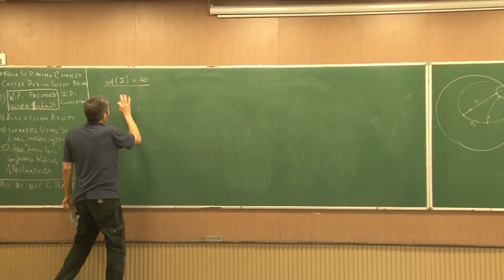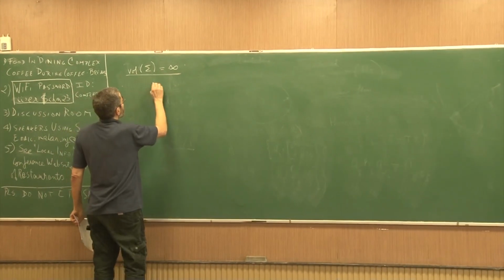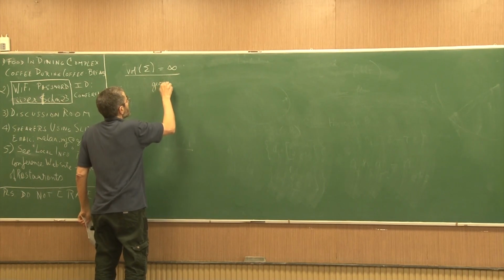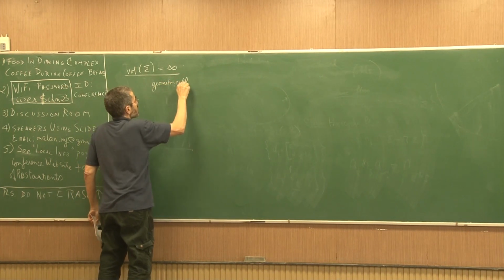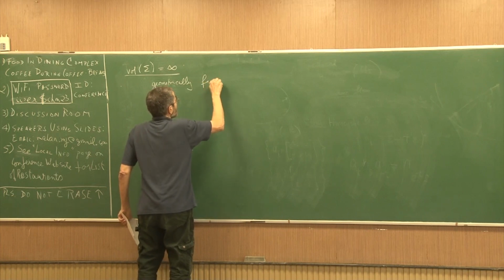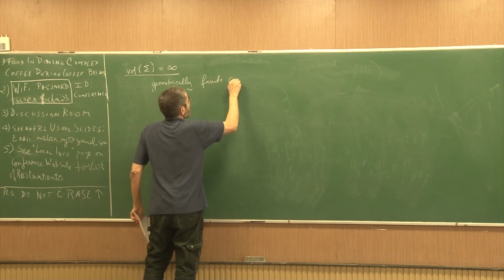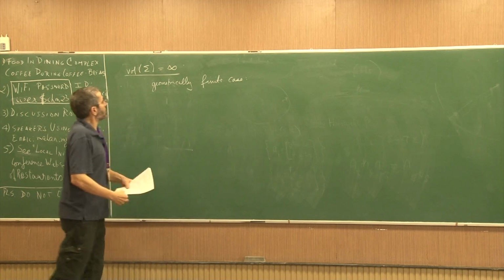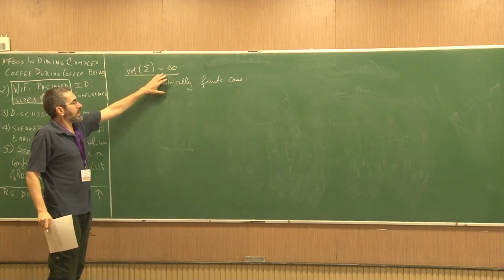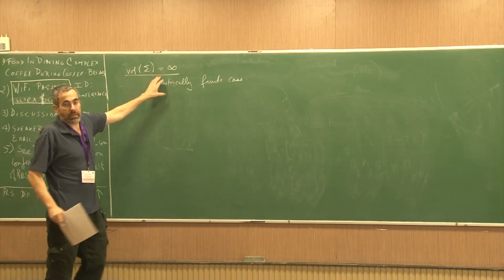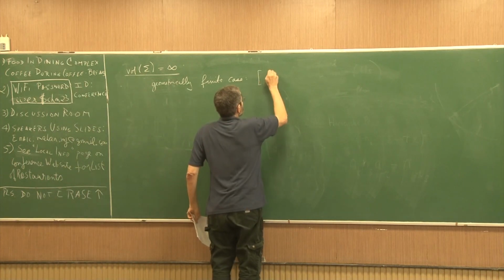Well, there's another dichotomy, which I want to just mention very briefly. You can talk about geometrically infinite versus the finite case. Well, in 2 dimensions, geometrically finite is synonymous with finitely generated. So for us, this really means finitely generated.